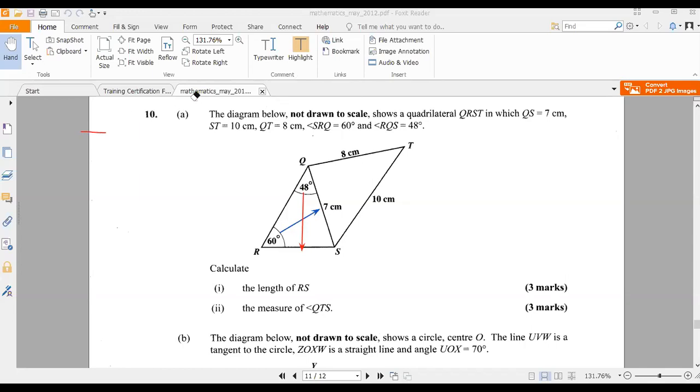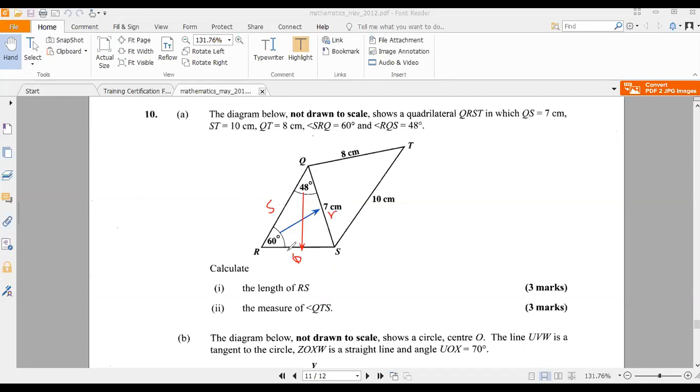Okay, so we use small q. What we are going to do is label the sides. Here is small r, here is going to be small q, and here small s.